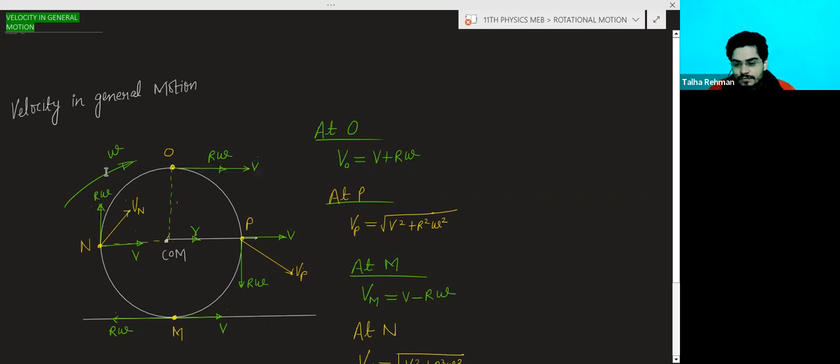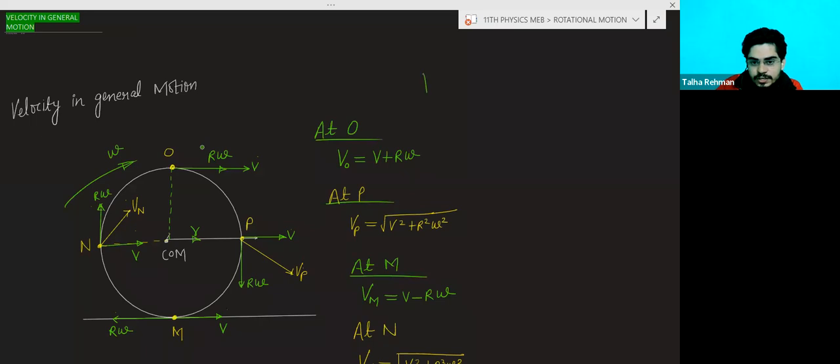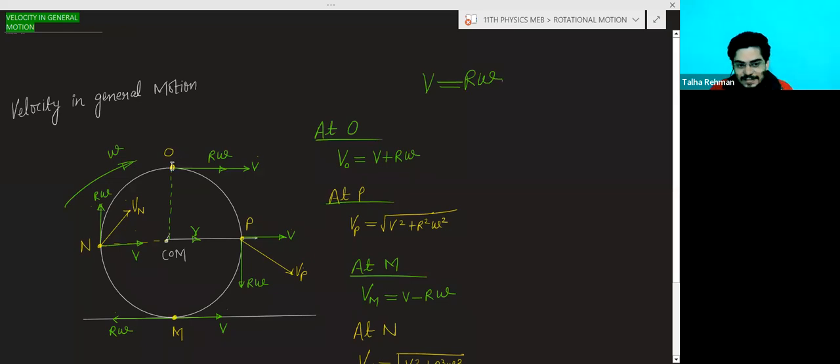Now there is one more linear velocity due to the rotation, that is v is equal to r omega. We discussed this: there is a linear velocity equal to r into omega.